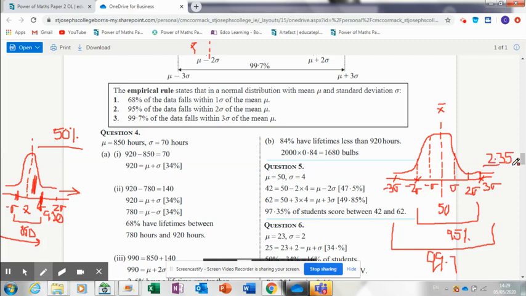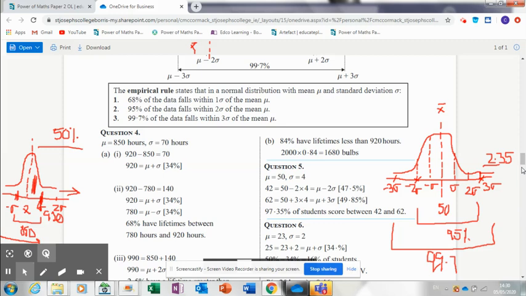Because between -2 and +2 standard deviations is 95%. But between 2 standard deviations and 3 standard deviations above is 2.35% because it's just those above. So I have to add 95 to 2.35, so I get 97.35%. Okay, that's how they arrive at that answer there.